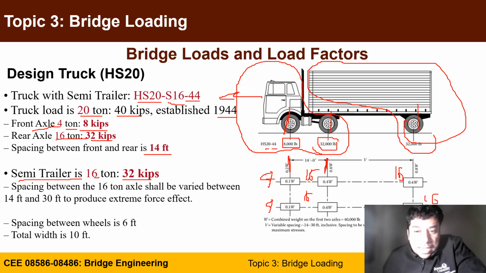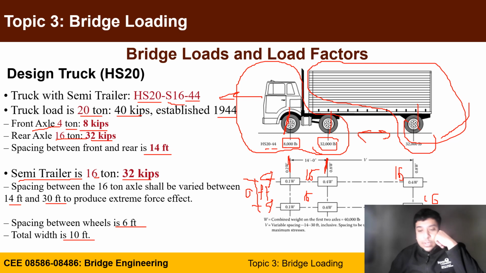The spacing between the rear axle and the trailer axle varies between 14 and 30 feet, so you have a variable distance here based on your semi-trailer. The distance between the wheels is 6 feet, and the total width is 10. And this is what we're going to discuss in the next slide.